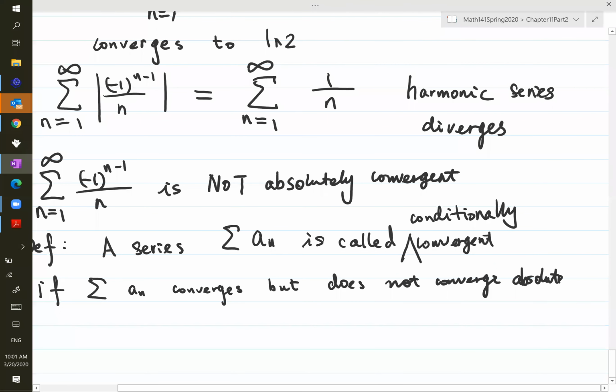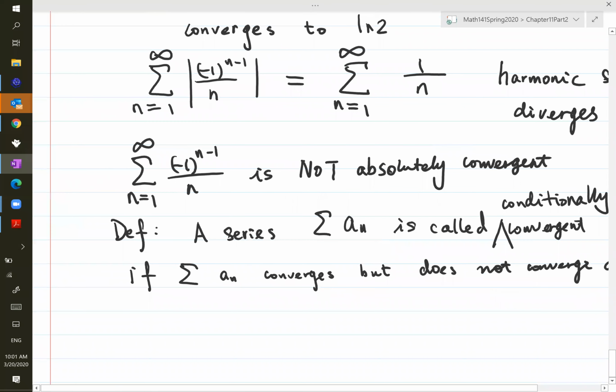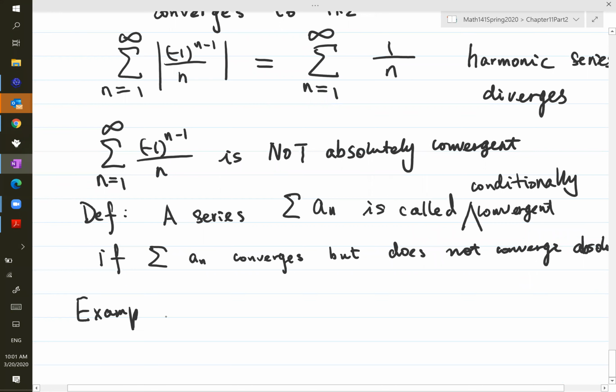Now, example: this series converges conditionally.